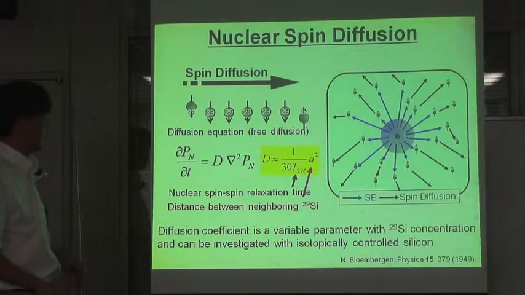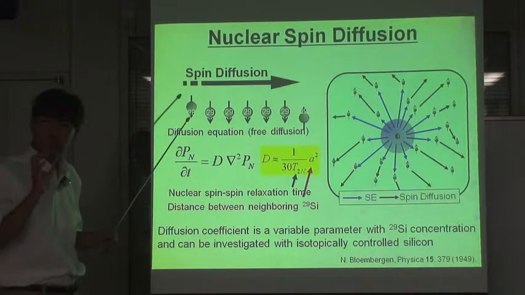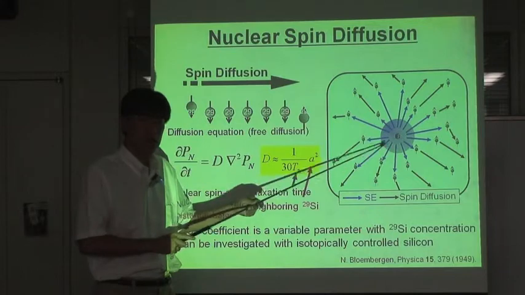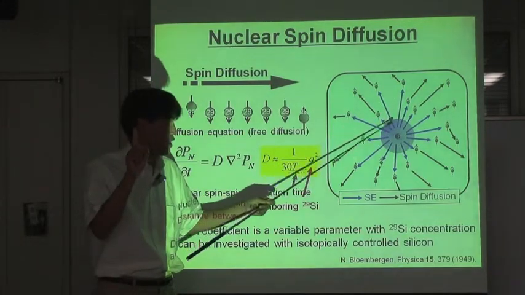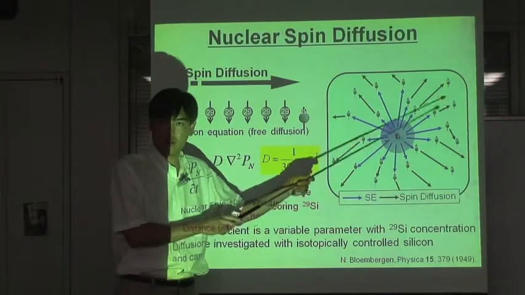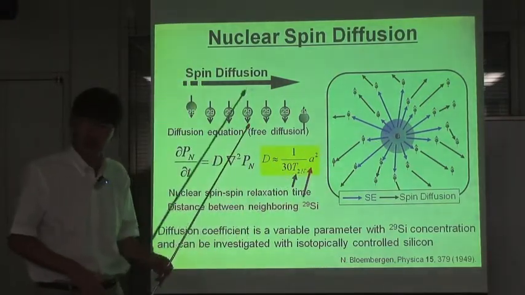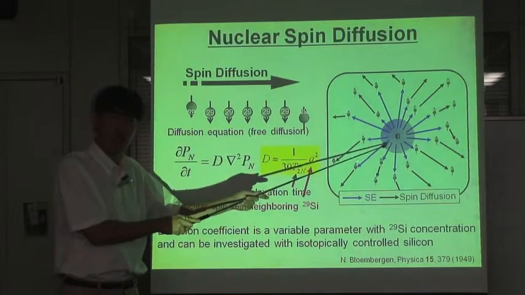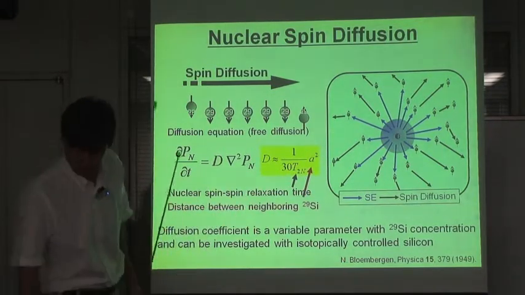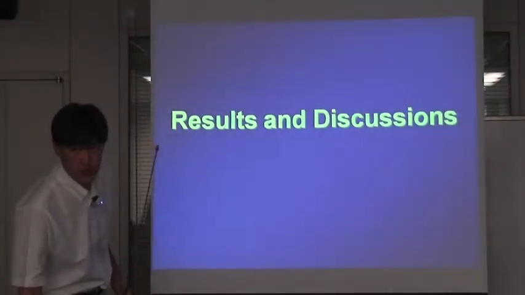Okay? So there are two processes. One is generation of polarization around phosphorus. The other is nuclear spin diffusion. And we want to study both, how efficient generation is and how efficient nuclear spin diffusion is. Okay?